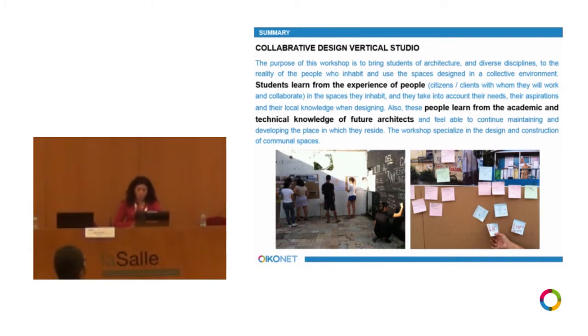After that, the students made a site analysis and developed these techniques based on that observation. Some of them, as you can see, used photographs, post-its, and people reacting to these photographs and saying which were their needs. And in the maps, they identified their homes and the most important places in the community.